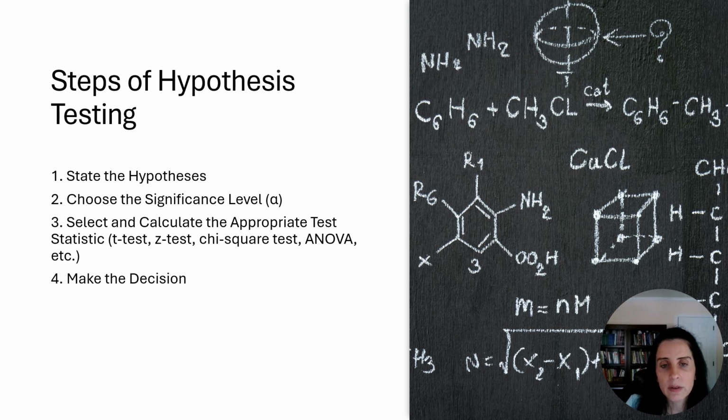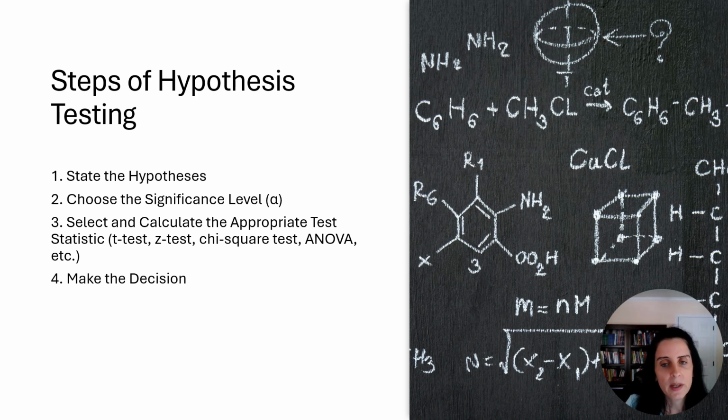The actual calculation of the test statistic varies based on the type of statistical test that we are conducting, but the general steps of hypothesis testing are the same across all procedures. The last step is to decide whether to reject or accept the null hypothesis based on the value and the probability of the test statistic, which we usually obtain from statistical software.